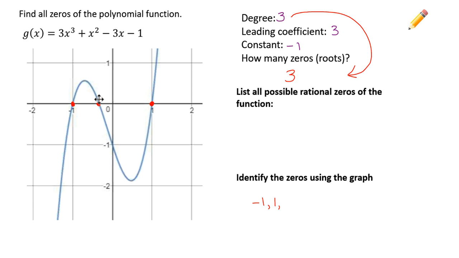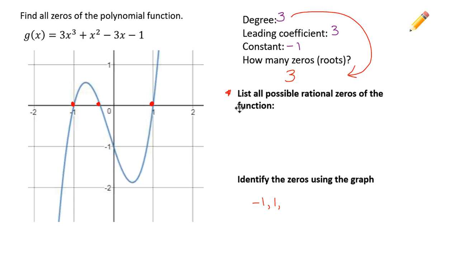Is that a half? Is that -1/3, -1/2? Maybe it's -1/4. I'm not really sure. That's where the rational roots theorem comes into play. If you go through and find all your P's and Q's, P are the factors of the constant, so factors of -1.